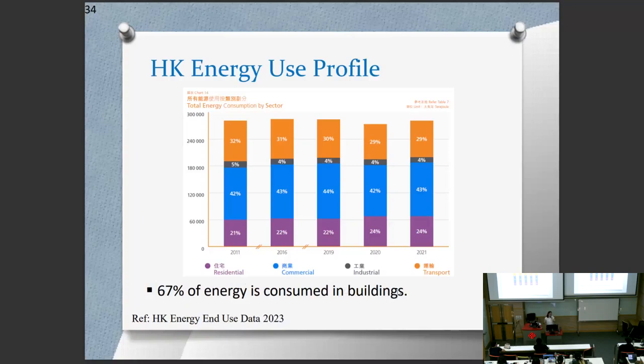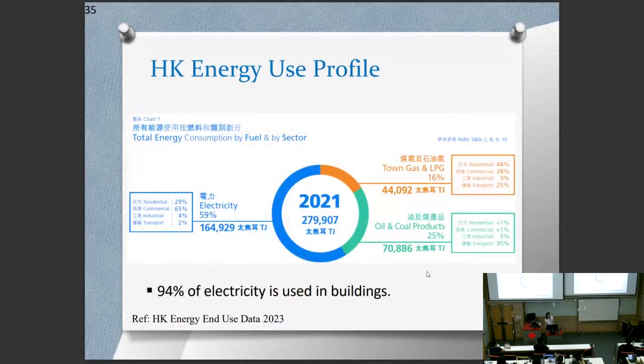Maybe electricity, maybe town gas. For electricity use, 94% will be consumed in buildings. For electricity consumption, 29% is in residential buildings and 65% in commercial buildings. Adding 29 and 65, you have 94.